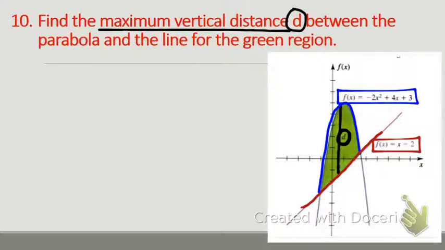Whenever you see words like maximum or minimum and we're talking about parabolas, what does that make you think of? Vertex. Here's how we're going to find that maximum distance. My distance is equal to, I'm going to do the parabola.